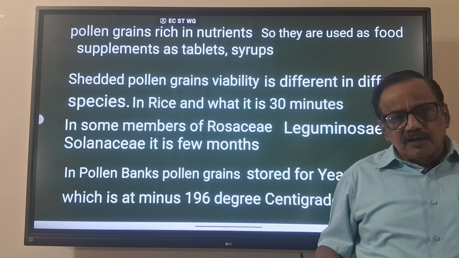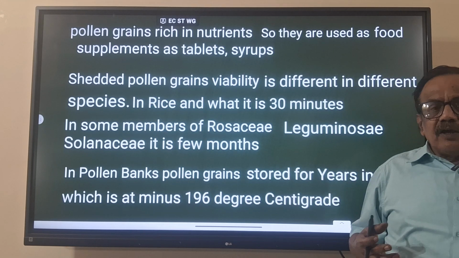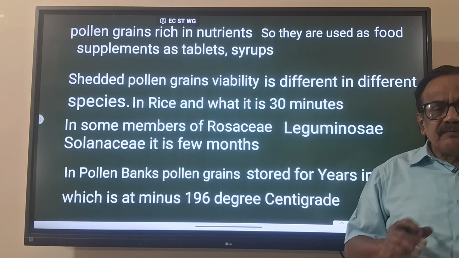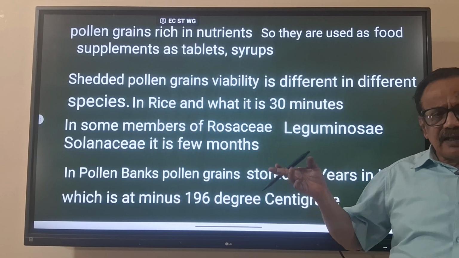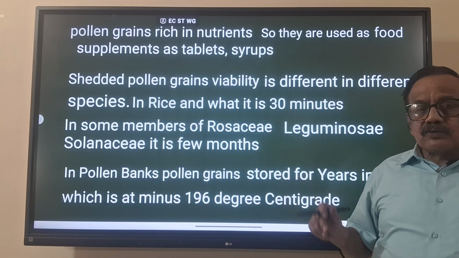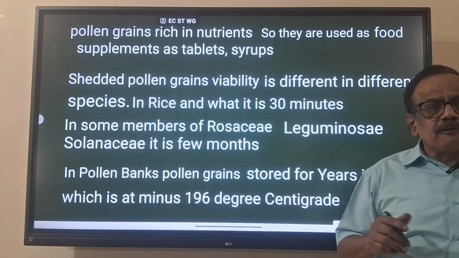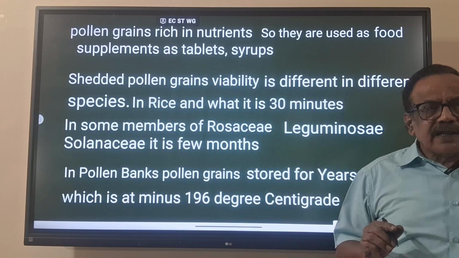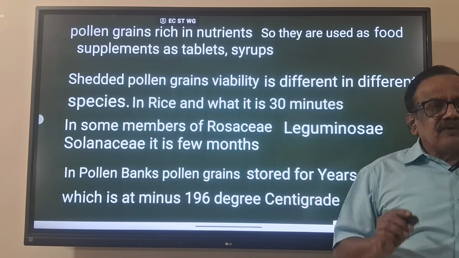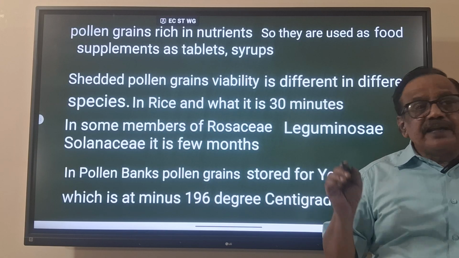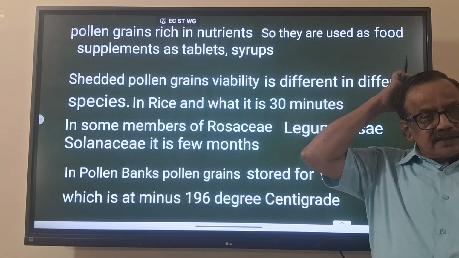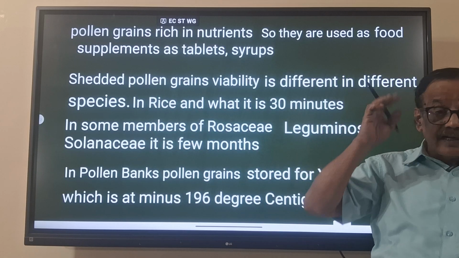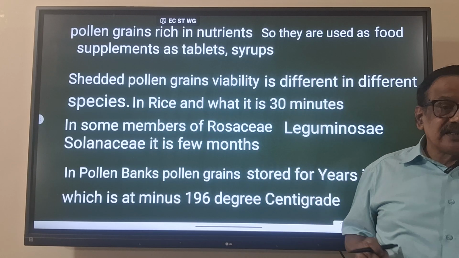So there is variation. Now, pollen banks have started, like the sperm banks in animals. Here also pollen will be stored. Why? Because for plant breeding purposes, scientists want to do some research, but at that time the plants may not be in the flowering season.